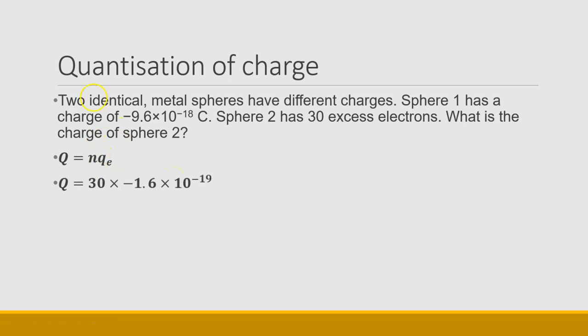Now, because we have 30 electrons that are in excess, we need to multiply 30 by negative 1.6 times 10 to the minus 19. And we get a total charge of minus 4.8 times 10 to the minus 18 coulombs. So that means that sphere 1 has a charge of minus 9.6 times 10 to the minus 18 coulombs, and sphere 2 has a charge of minus 4.8 times 10 to the minus 18 coulombs.